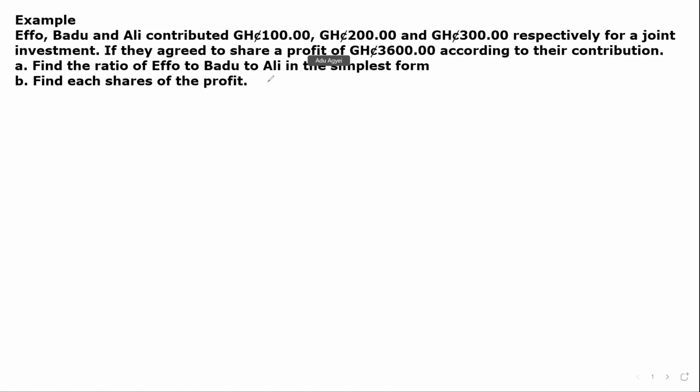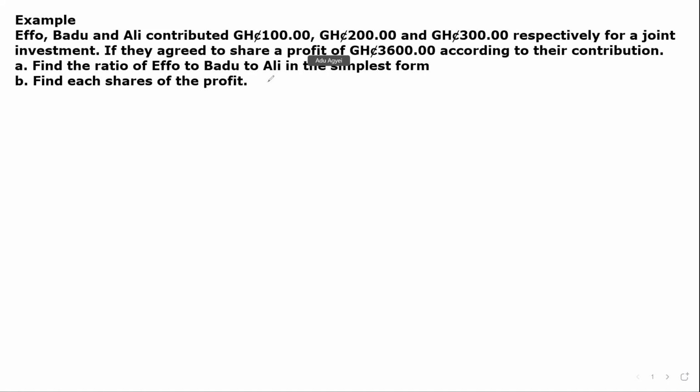Now, per what I have written here, what it means is that three people called Efo, Badu, and Ali sat and contributed a certain amount to start a business.